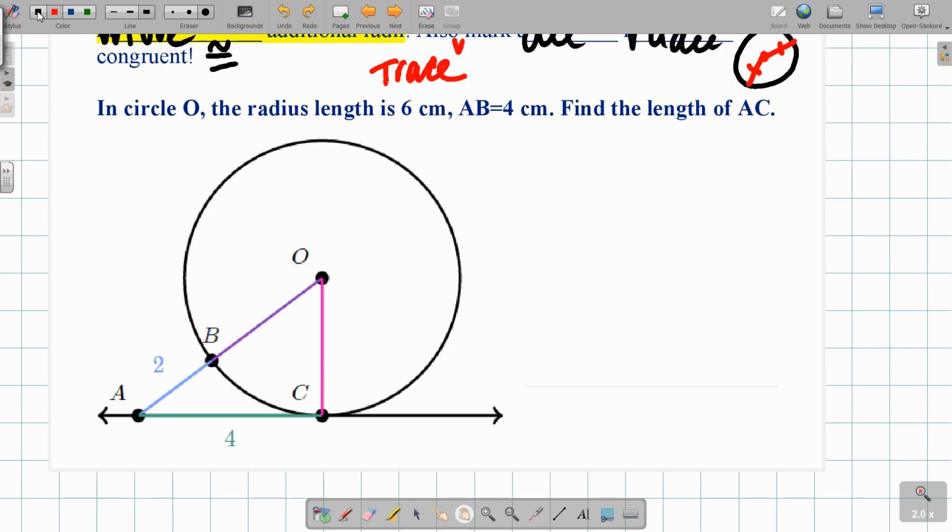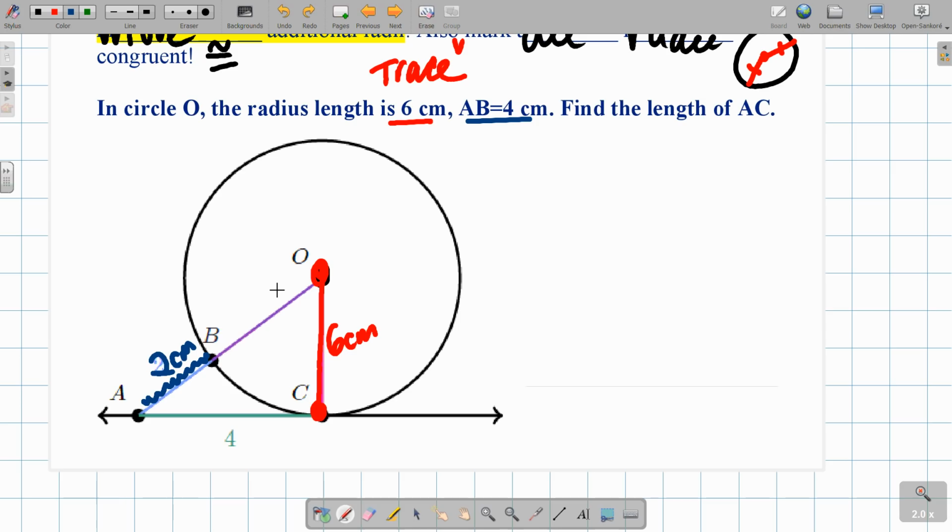Alrighty, in circle O, that means O is the center. The length of the radius is 6 centimeters. So let's trace that. 6 centimeters, center to edge is 6 centimeters. A to B, which is this segment from here to here only, squiggle it, that's 2 centimeters.